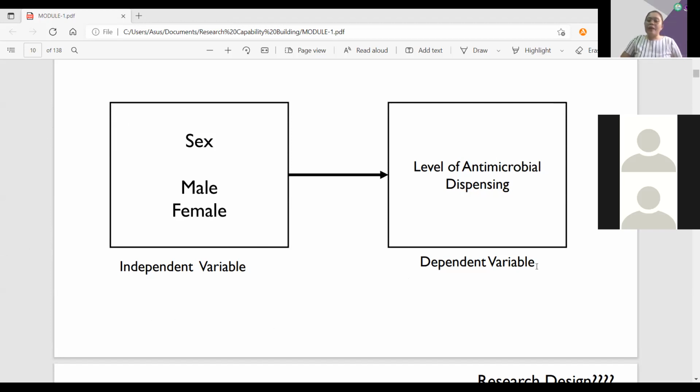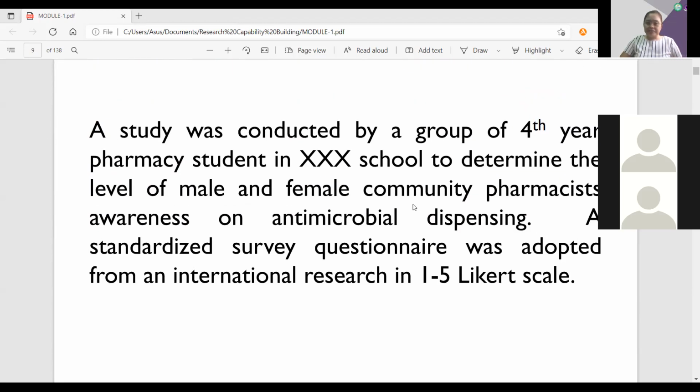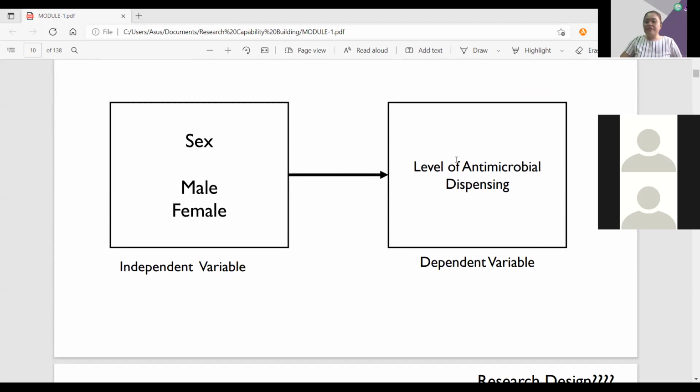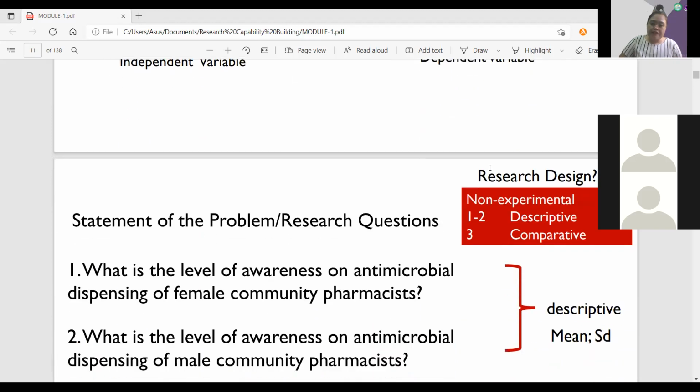Now, the outcome variable is the level of awareness on antimicrobial dispensing. Who is more knowledgeable, the male or the female pharmacist?